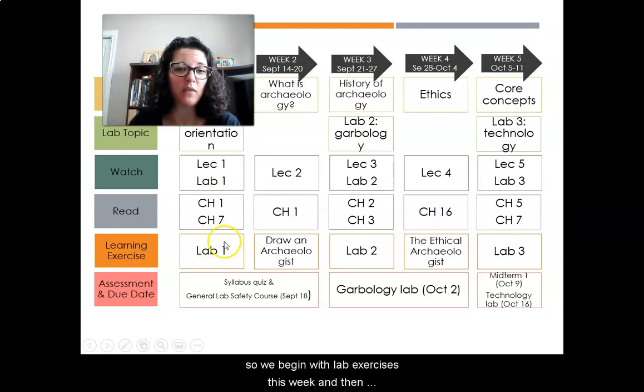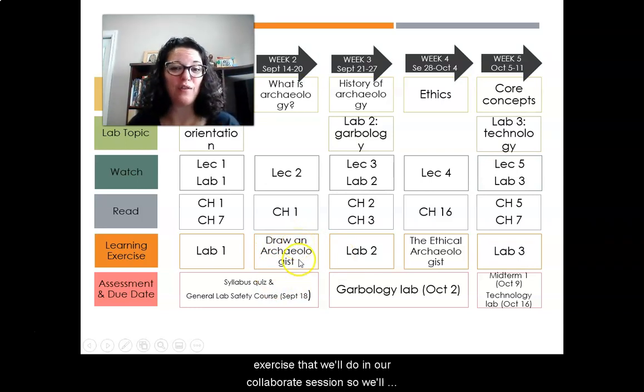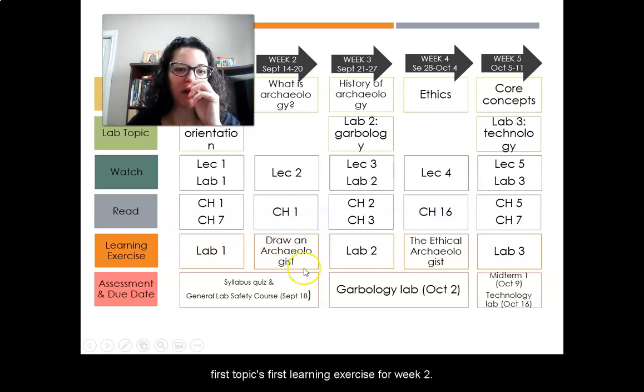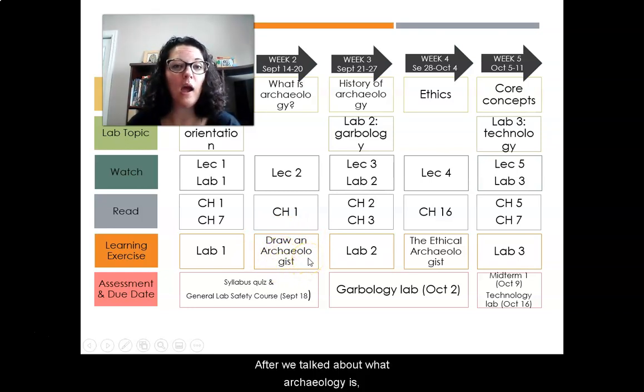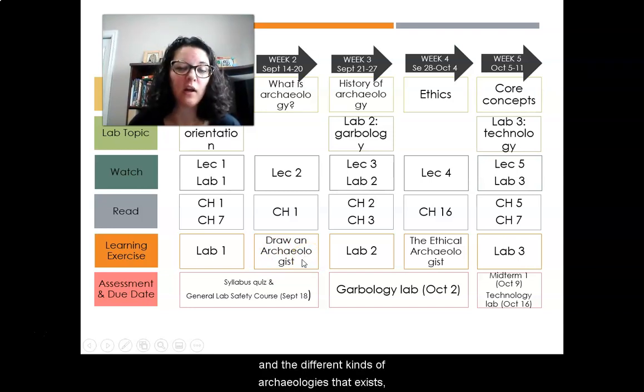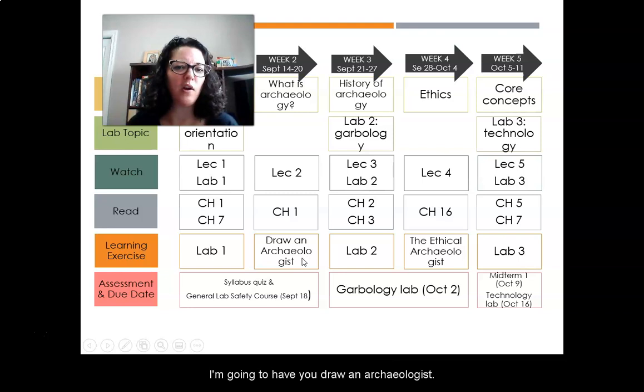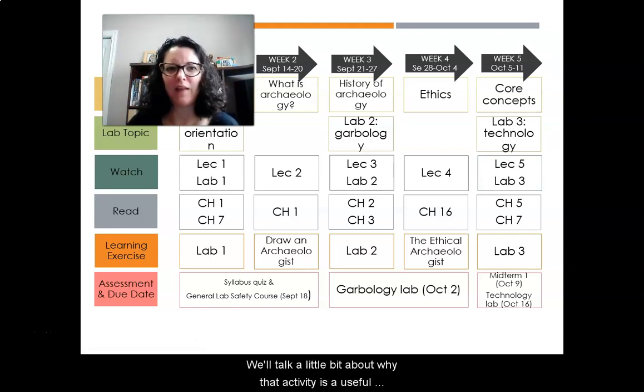So we begin with lab exercises this week, and then a non-required, non-mandatory learning exercise that we'll do in our Collaborate session. So we'll have a chance to do something. We have our first learning exercise for week 2, after we talk about what archaeology is and the different kinds of archaeologies that exist. I'm going to have you draw an archaeologist, and we'll talk a little bit about why that activity is a useful exercise.